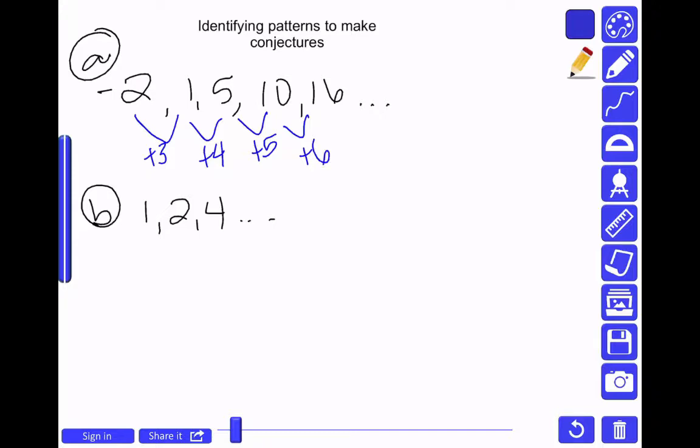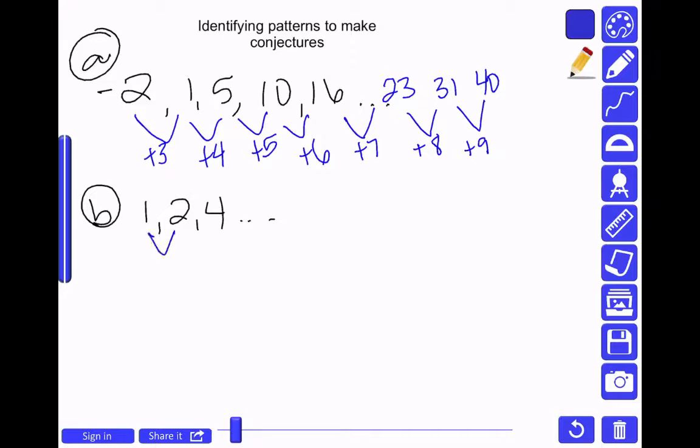So my conjecture is that the next term is going to be 16 plus 7, which is 23, that the next term will be 23 plus 8, which is 31, and that the next term would be 31 plus 9, which is 40.